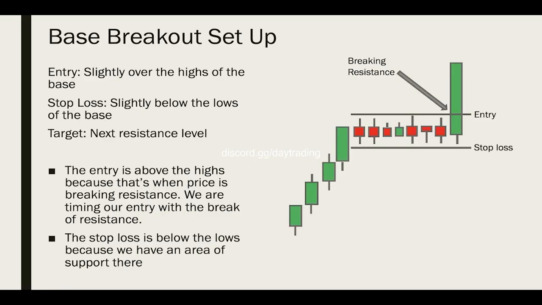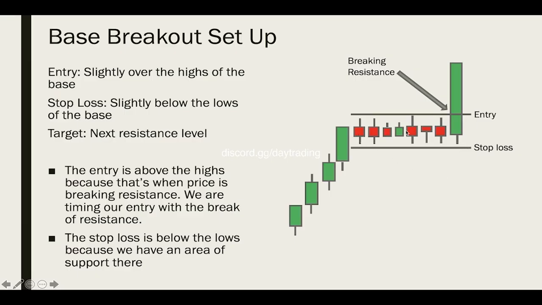So let's talk about the actual base breakout setup and our entry and stop loss. We have the rally, we begin to consolidate. We are going to place our entry over the highs of the base, and we are going to place our stop loss under the lows of the base.